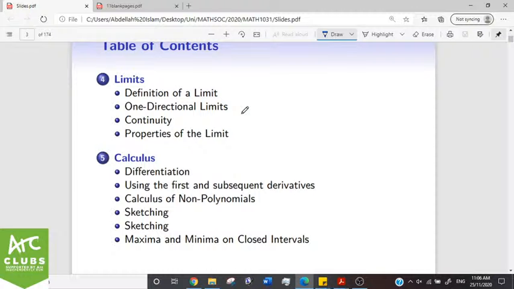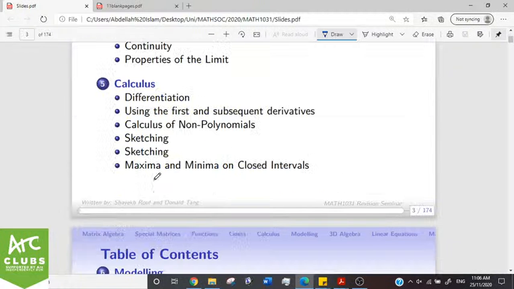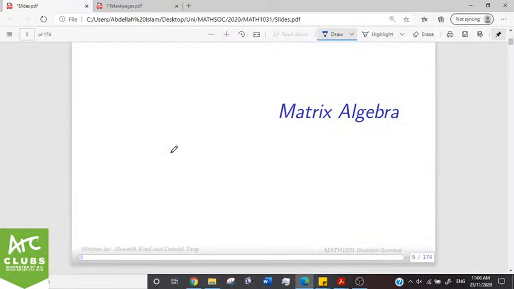But I don't expect it to sink in on the first go. So if you have the chance, after taking notes, go back and watch the video and pause at the right spot to see the working out. Hopefully that will get you fully prepared for the exam. For my half, I'll be going up to linear equations, and then Donald will take over.